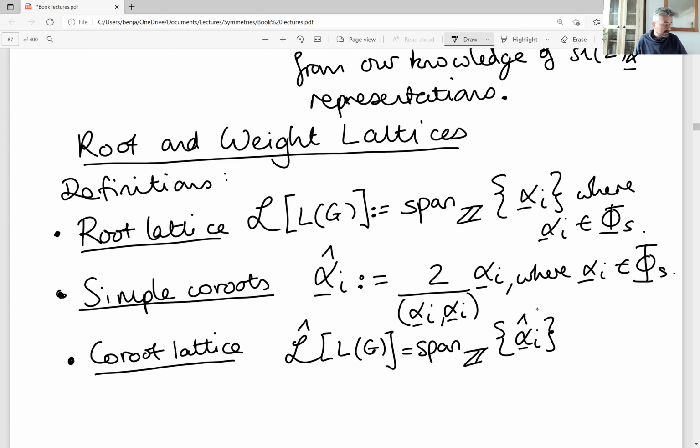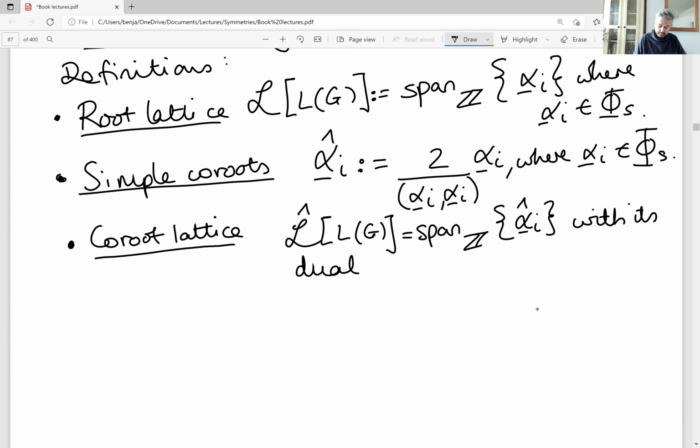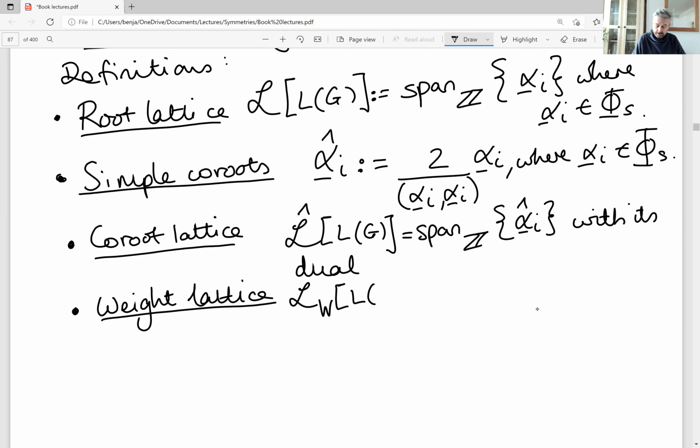And this co-root lattice has a dual, which is called the weight lattice. This is written as L_W for weights of L of G. And this, of course, is the dual of the co-root lattice. So we write the dual with an asterisk.